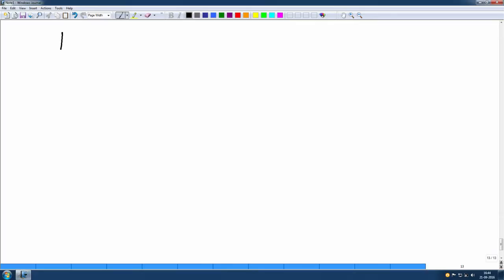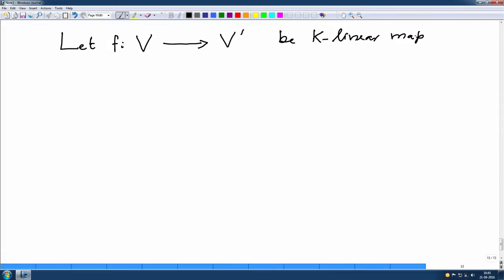Let F from V to V prime be a K-linear map, and suppose I have a subspace U of V given. Then definitely we have a linear map V to V by U, this quotient space of V by U, and this map is pi.